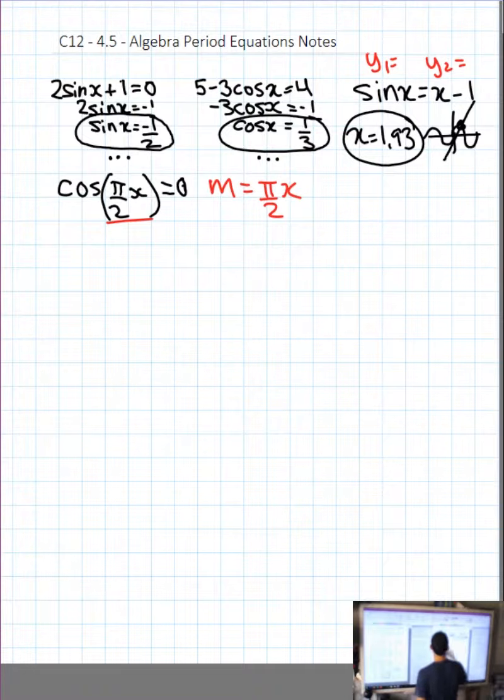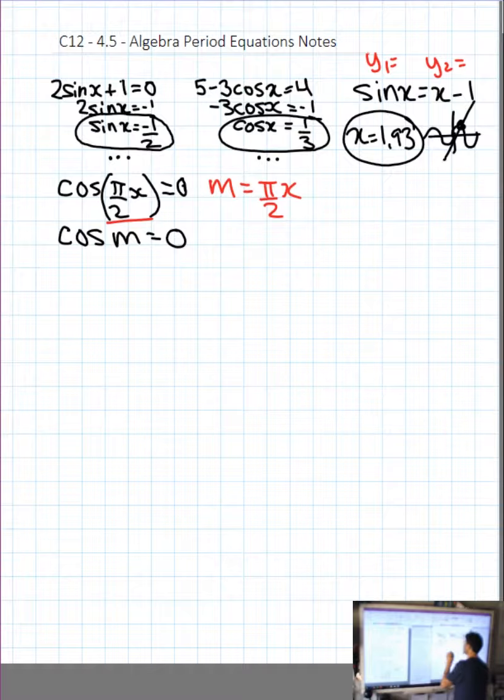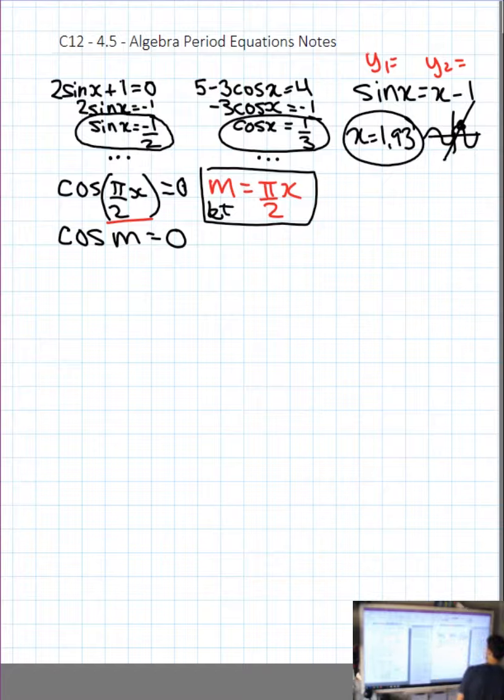Then I'm going to substitute m in for pi over 2 x. Therefore, cosine m equals 0. Notice I just wrote m equals. Some teachers will actually take off half a mark for not saying let m equal, so we should say let m equal.